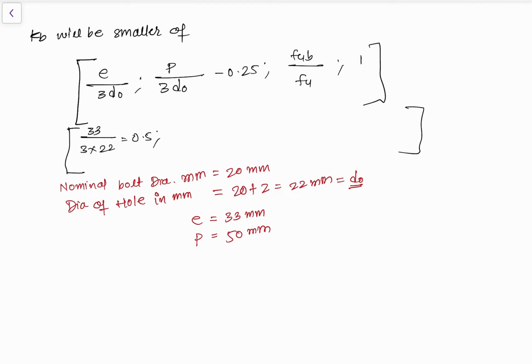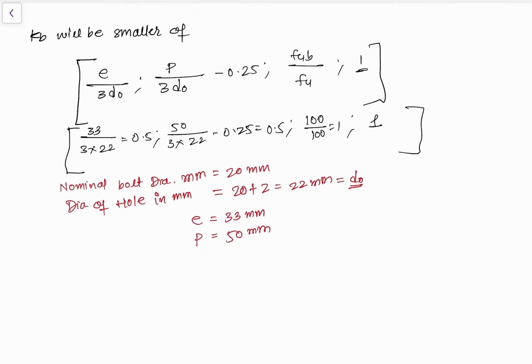Now the P value: 50 divided by 3 into DO value 22, minus 0.25. This will be calculated as 0.5. Now FUB upon FU: FUB value is 100 and FU is 100, so it is 1, and already unity is kept as it is.